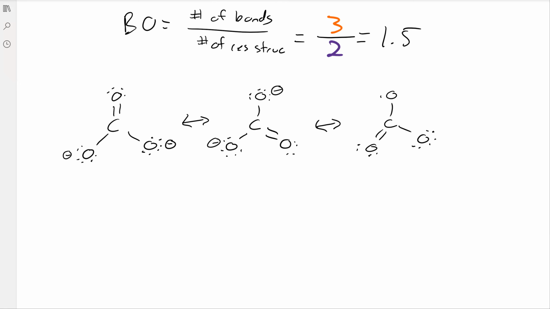So carbonate has 3 resonance structures. And if you think about these 3 resonance structures, they're all equally good. Every atom here has a filled octet, so that's awesome. And then the formal charges are as low as possible, where we have a negative charge on 2 of the 3 oxygens in each one of them.